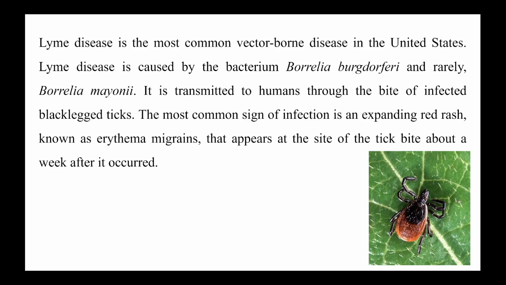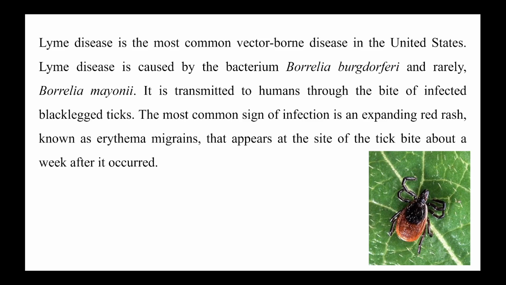It is transmitted to humans through the bite of an infected black-legged tick. The most common sign of infection is an expanding red rash, known as erythema migrans, that appears at the site of the tick bite about a week after it occurred.